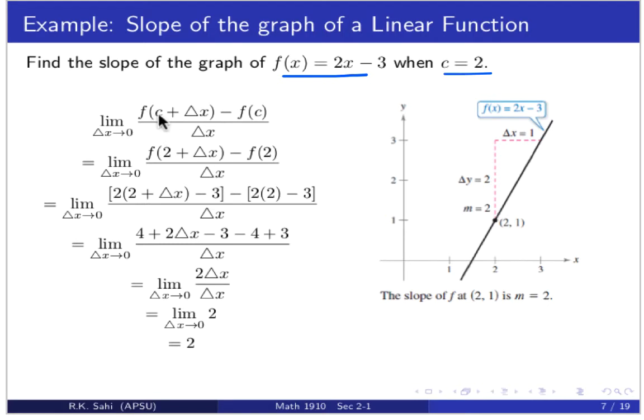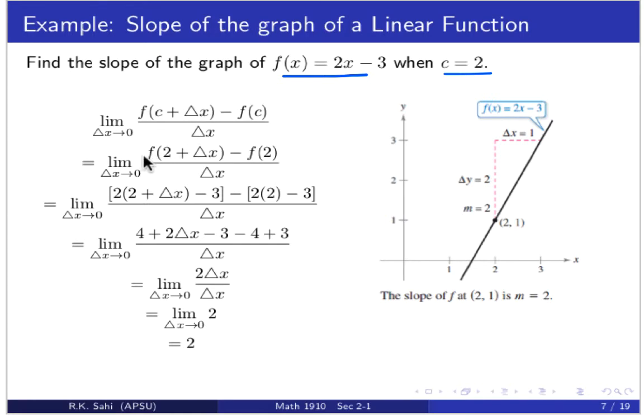I am just substituting 2 in place of c because that's what we are asking. After this, the limit is your calculus part, but in this rational function, the numerator is evaluating the function at specific points. That's your pre-calculus or algebra, if you remember it.